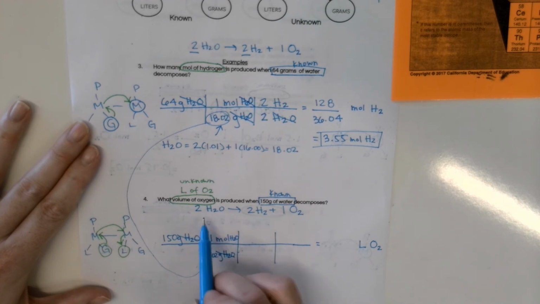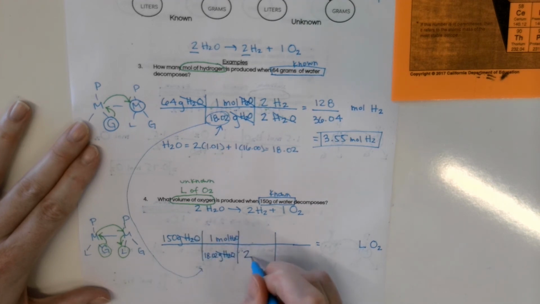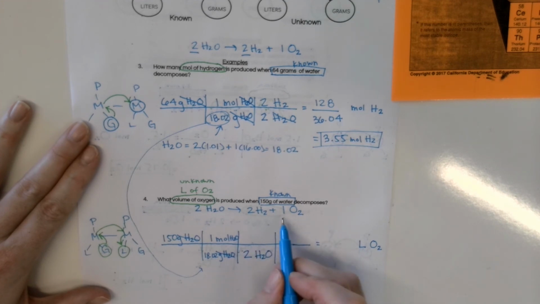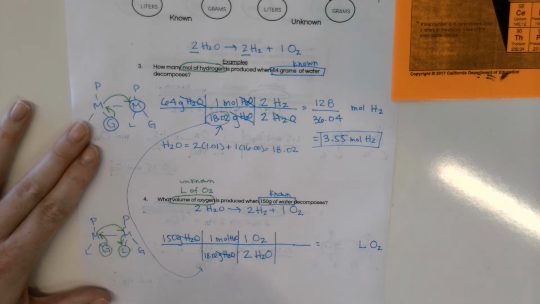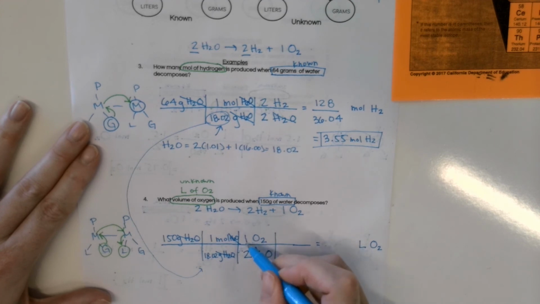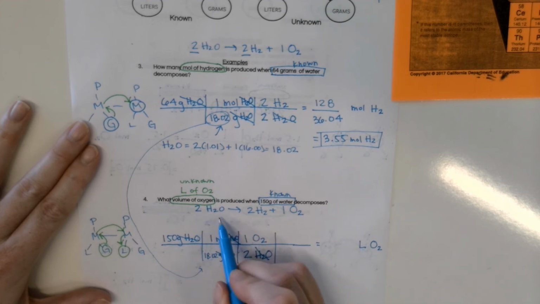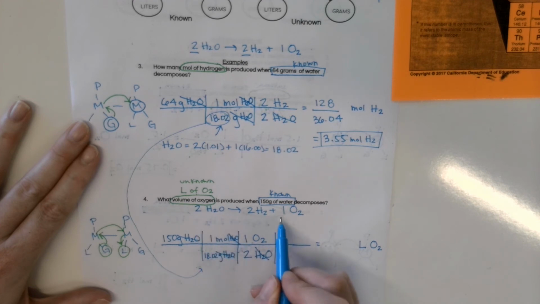So I'm going to use the ratio. There are 2 hydrogen molecules for every 1 oxygen. My waters are going to cancel. Again, these numbers came from our balanced equation. We never guess. We just know by looking at our balanced equation.